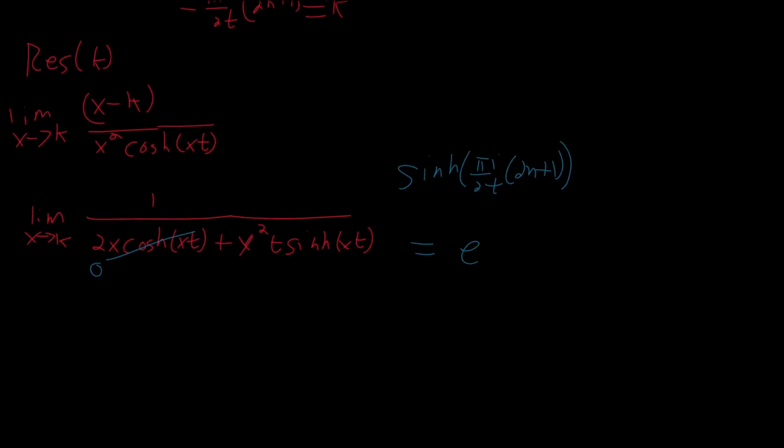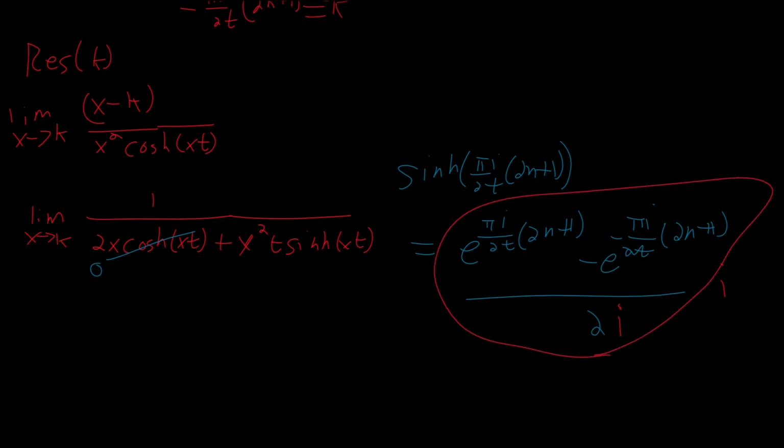We have e to the pi i over 2t times 2n plus 1, minus e to the minus pi i over 2t times 2n plus 1, all divided by 2. You'll note that this is extremely similar to normal sine. The only thing missing is an i in the denominator, which we can add by multiplying the top and bottom by i, meaning that this whole thing is just equal to sine of pi i over 2 times 2n plus 1, and then times i.